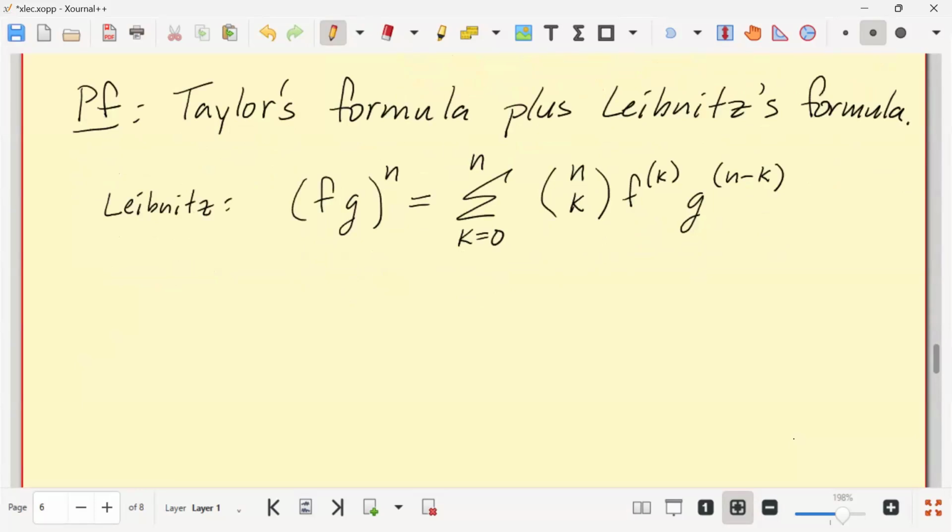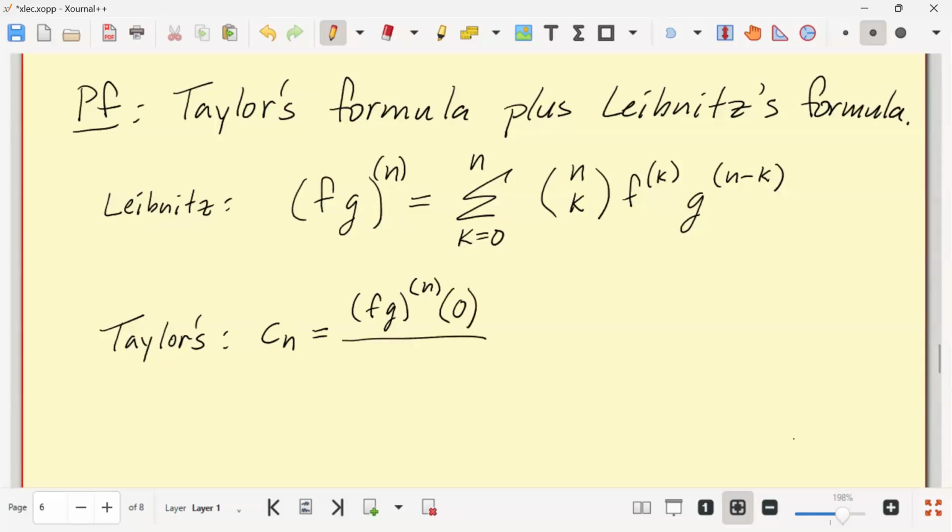And so now when I apply that to Taylor's formula, the c_n coefficient would be the nth derivative of f times g at, I could make it a, but we're doing 0, divided by n factorial. And that would be equal to that thing above. I have to write it again.